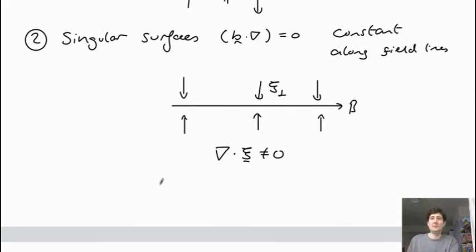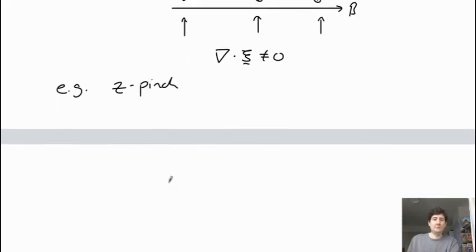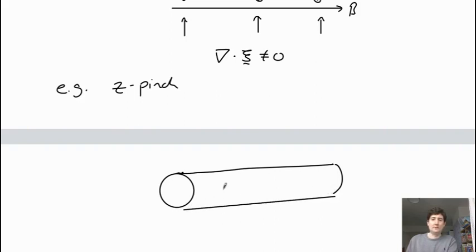This occurs, for example, in a Z pinch. Paper here, so this is a cylindrical plasma where we have a current running down the axis, so we have a current down here, and we have a magnetic field going on the outside like this.